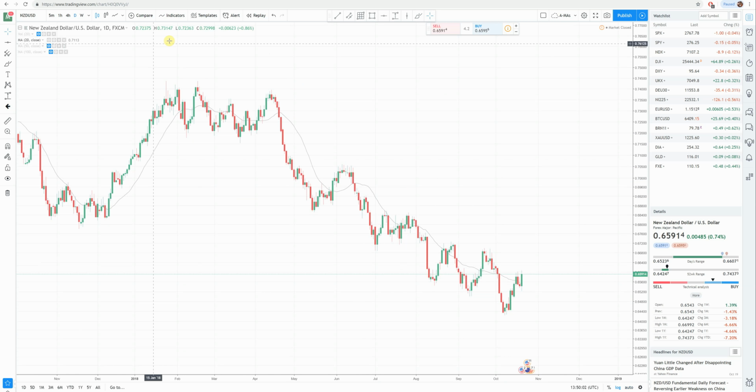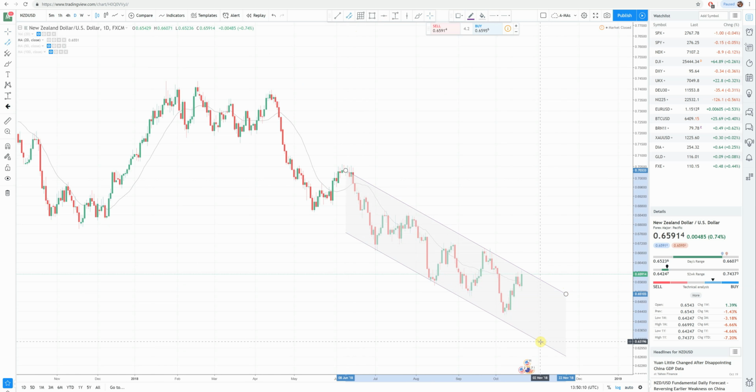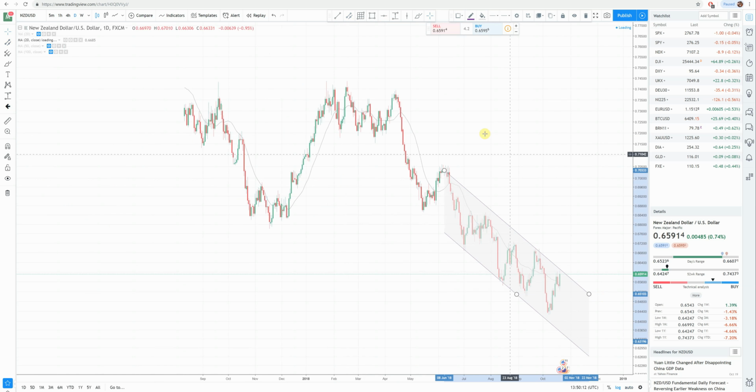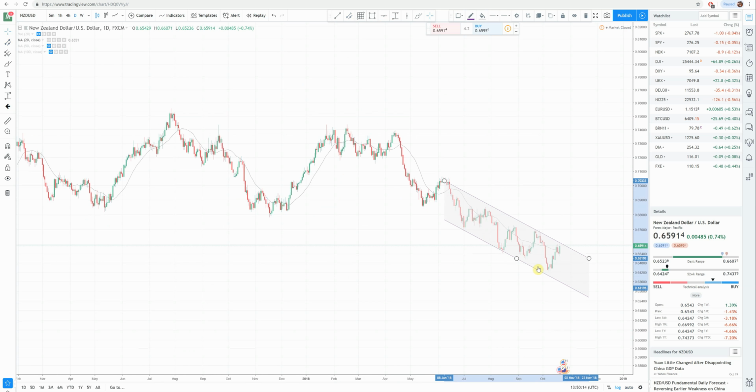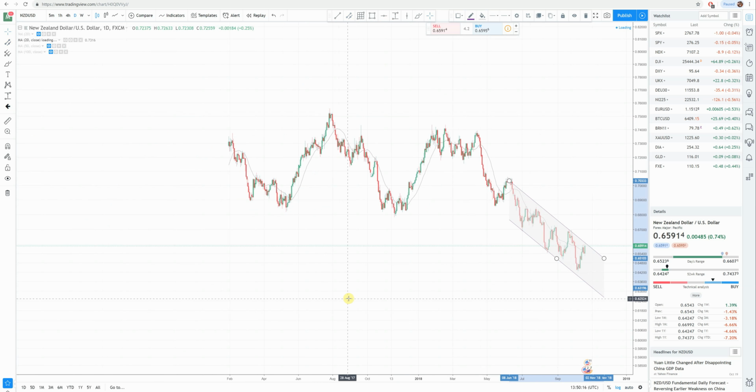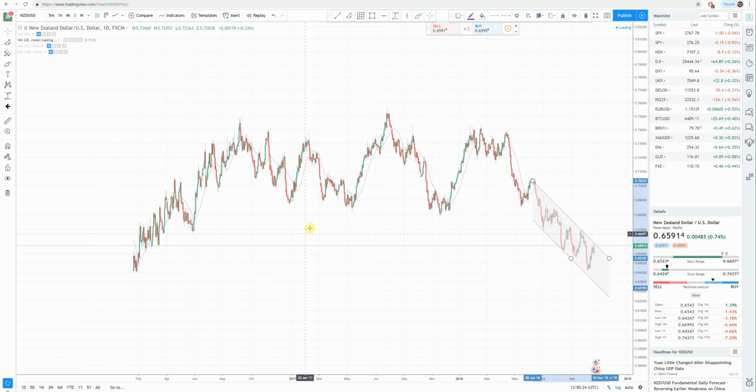We've been on this down channel for a while now. And let's mark the levels of support or resistance. The charts are kind of slow. Okay.